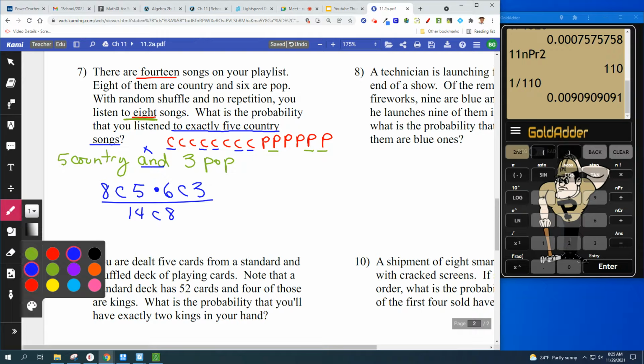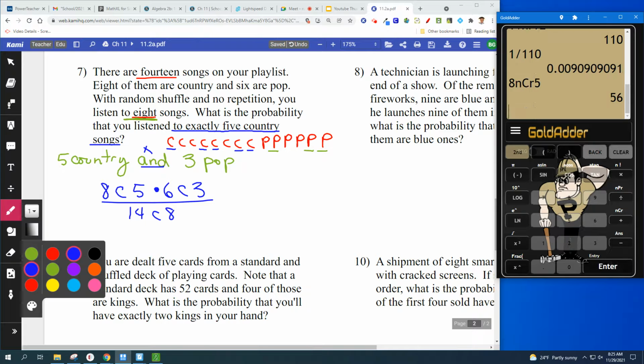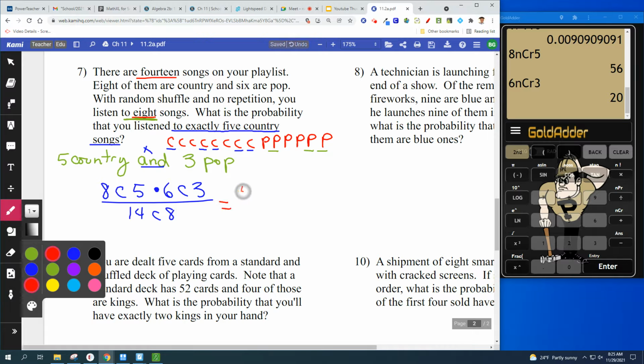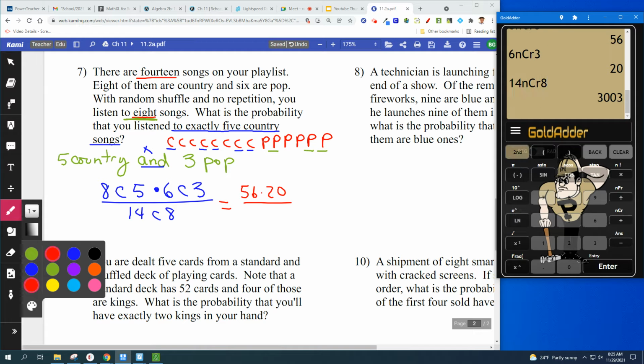Alrighty. So 8 choose 5. And 6 choose 3. That's going to be 56 times 20 over 14 choose 8. 3003.